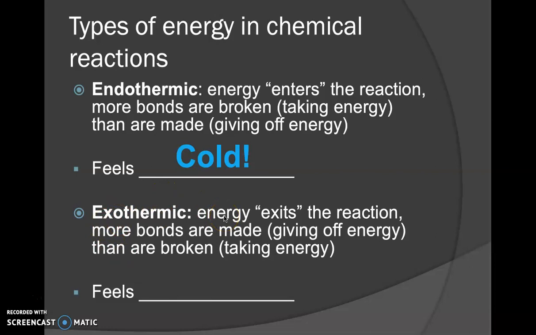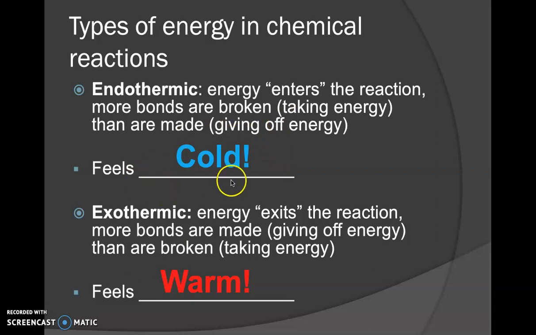This is when energy exits the reaction. And what happens there is that there are more bonds made, which give off energy, than are broken, which take energy. So we have an overall extra amount of energy because of those bonds being made. What we feel here is warmth, okay? So that's the energy given off.